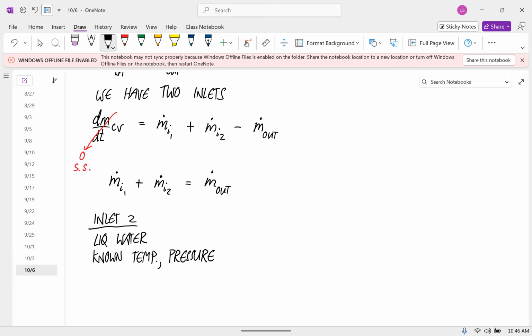And so anytime you know 2 properties of a material, remember that if you have a website or a table that addresses that particular material, you can look up all the other properties.